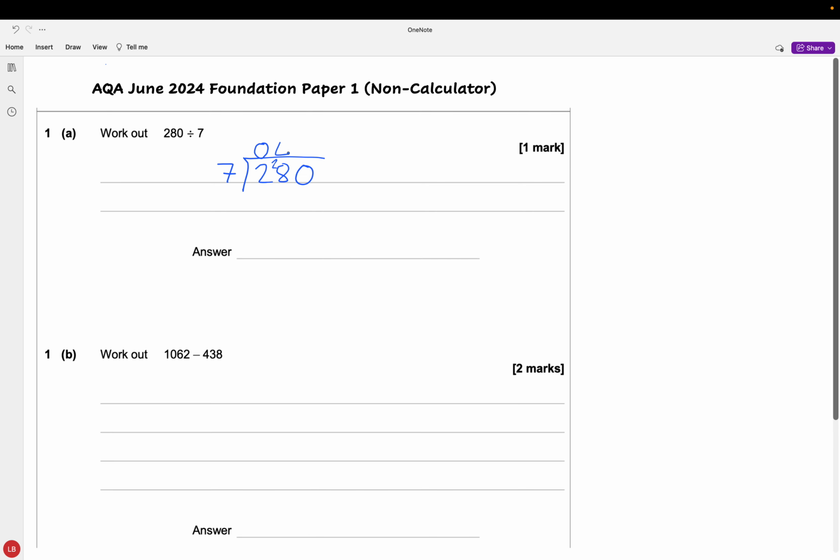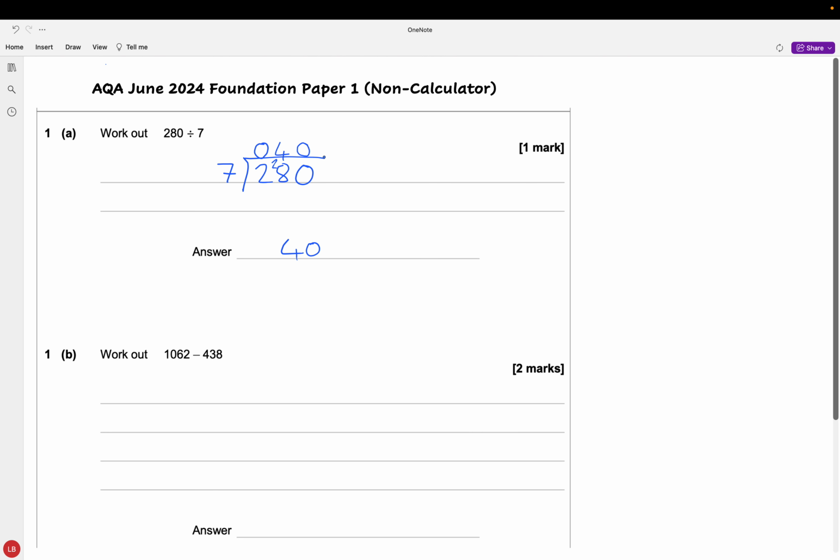Well, that goes 4 times and there's no remainder, it goes in exactly. So there's no remainder to put here. 7 into 0 is 0, so there is our answer, 40.